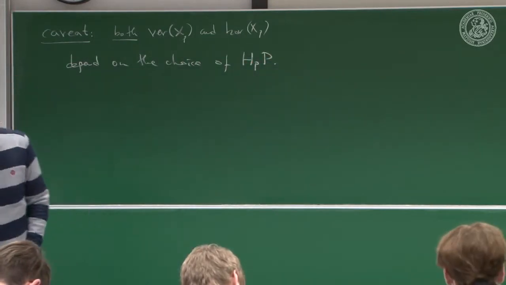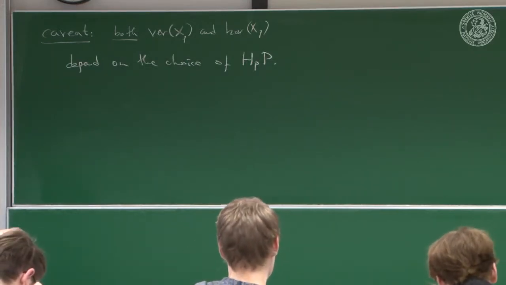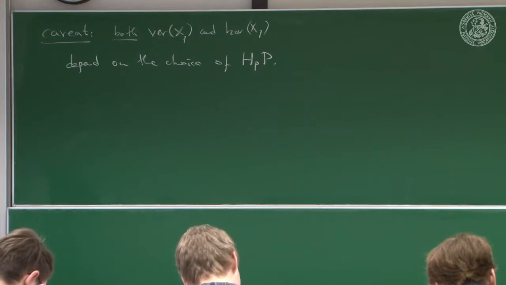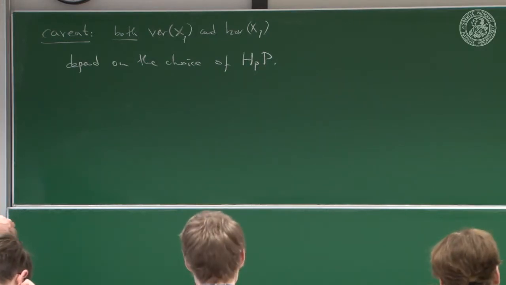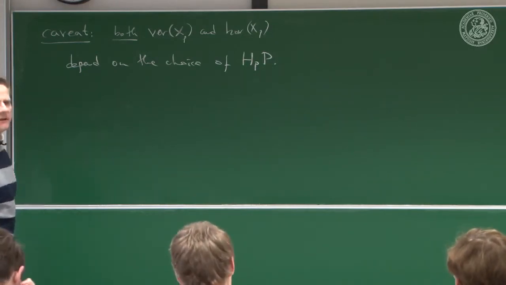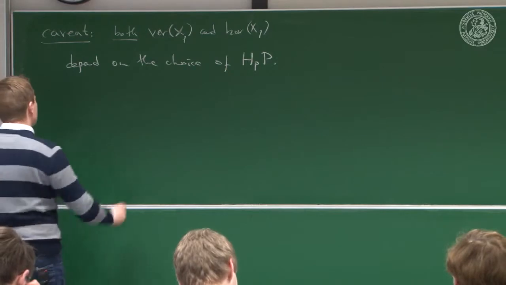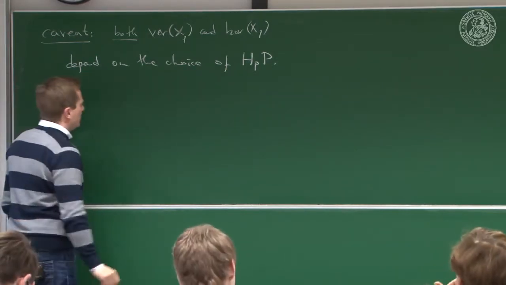By terminology one might be misled to think that maybe the vertical part is independent of this choice, but the horizontal part depends on it. Or maybe the other way around. No, both the vertical and the horizontal part depend on this choice. Again, it's best shown in a picture.